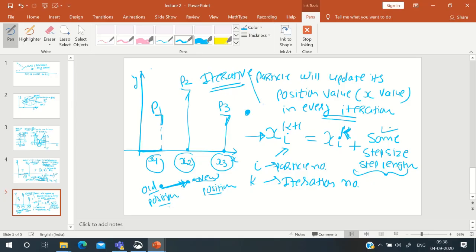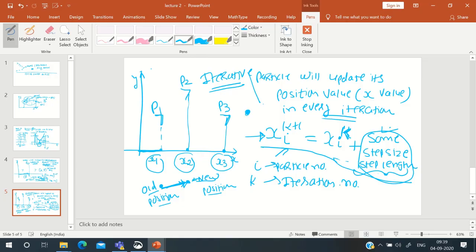And you will find more than 500 optimization algorithms, and every optimization algorithm has this common criteria. But the difference is every optimization algorithm will have a different equation of step length or step size.